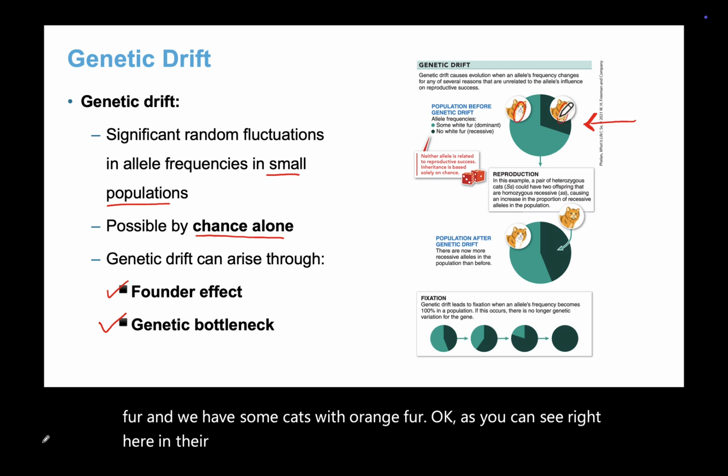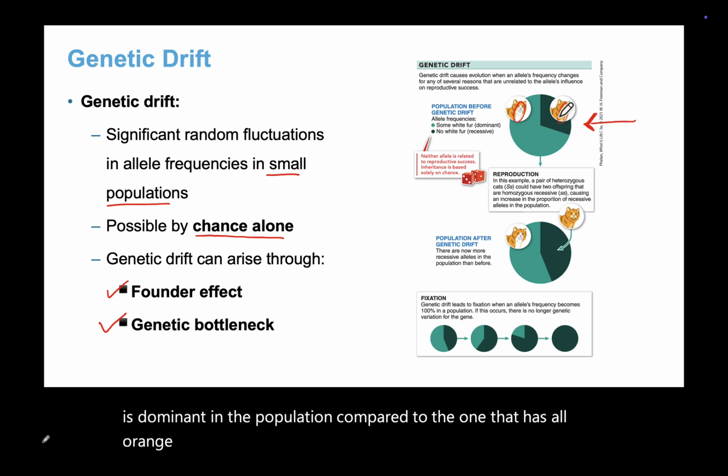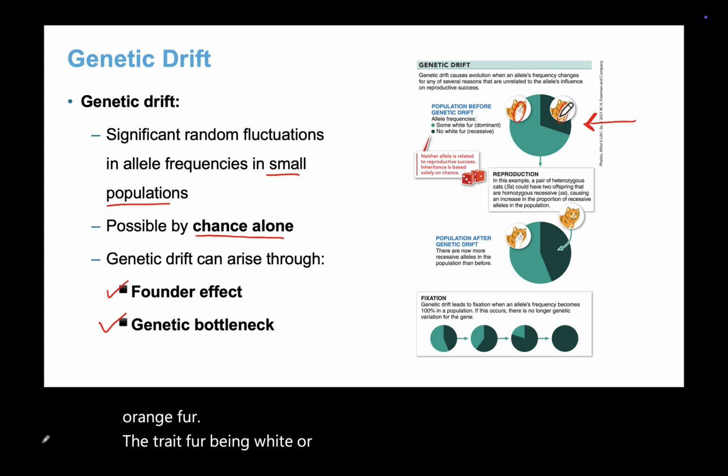The one with some white fur is dominant in the population compared to the one that has all orange fur. Here, the trait of fur being white or orange does not actually influence the reproduction of these cats.